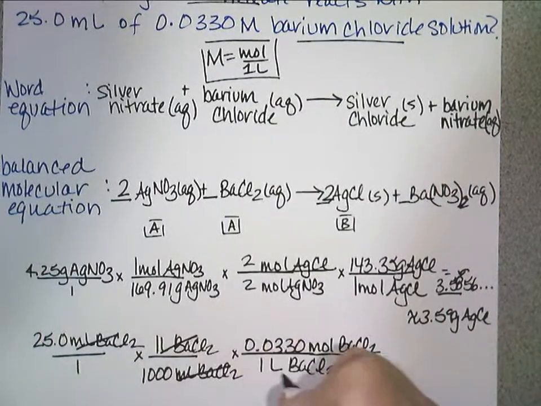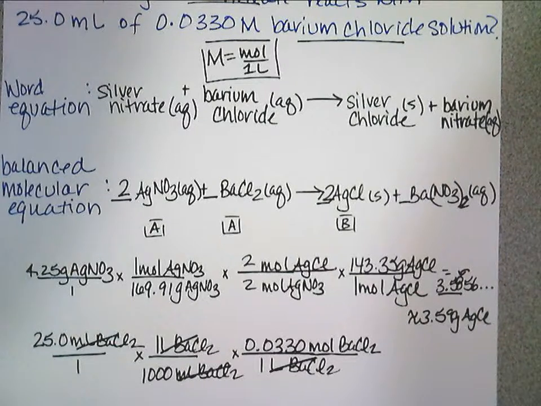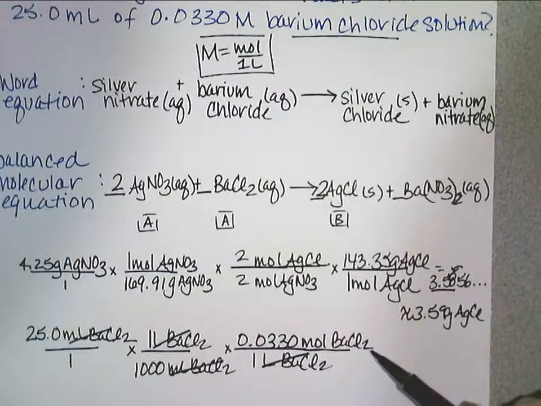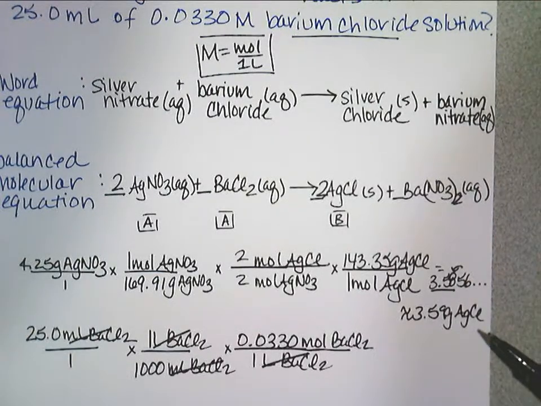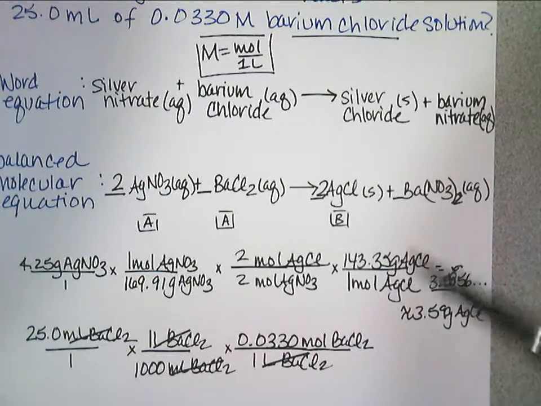And we can cancel liters. So now we have moles of BaCl2, but we want to get mass of AgCl.